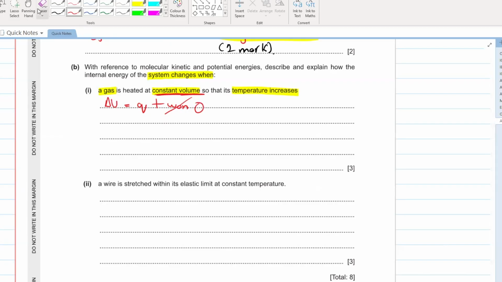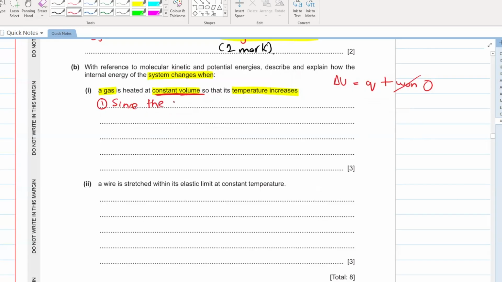So there won't be a change in internal energy. How will you write this? Since the volume remains constant, there is no change in potential energy.